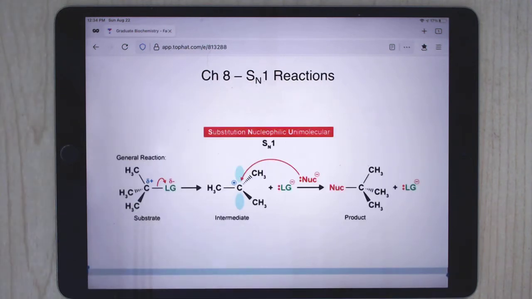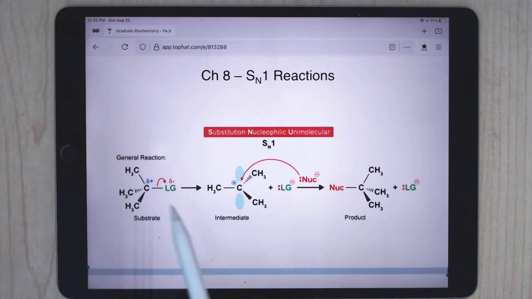Now SN1 reactions. Remember, when we think about the SN2 reaction, what's happening is the nucleophile is coming in, and then the leaving group is leaving. It's this concerted reaction. What's going to happen for an SN1? It's still a substitution. We're going to substitute our nucleophile where that leaving group is, but we're going to change the order of events.